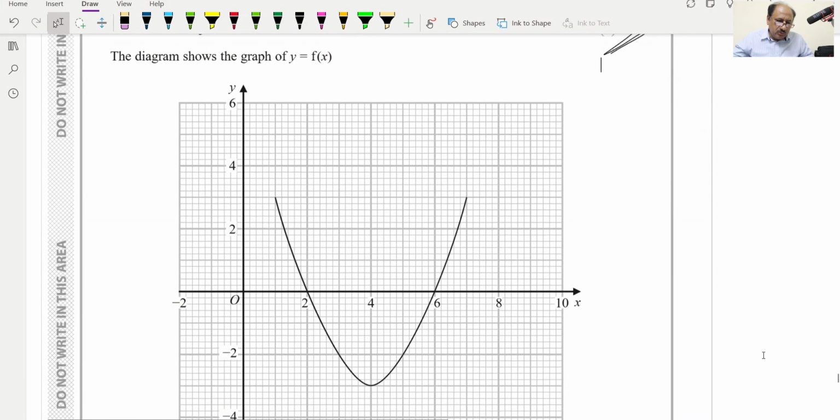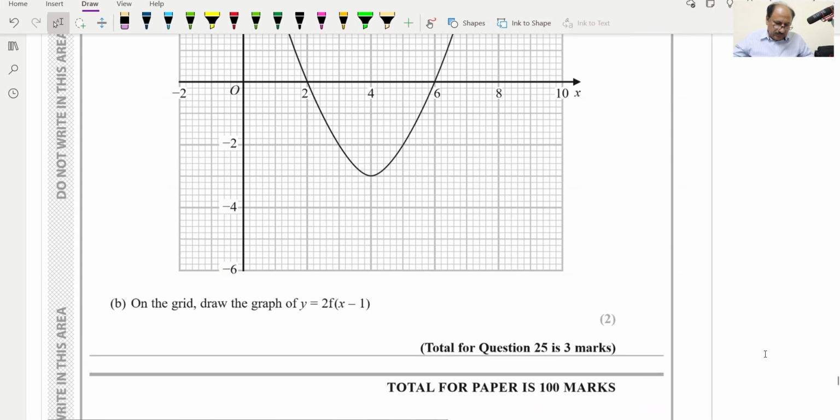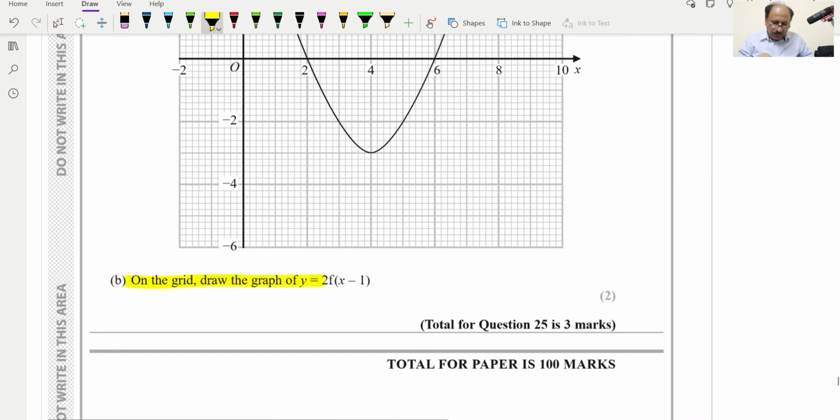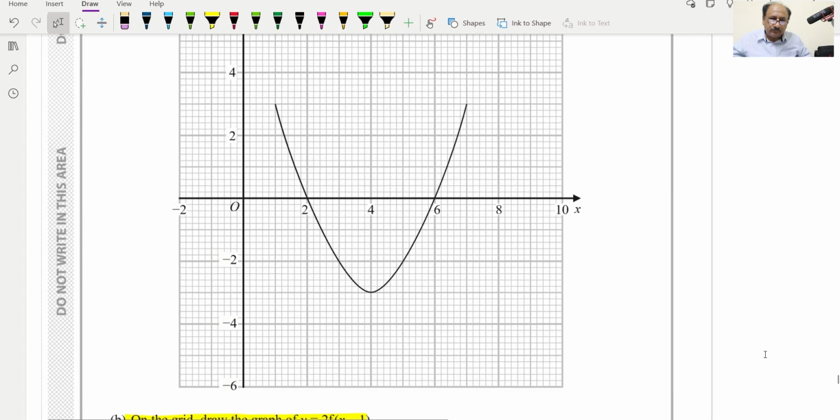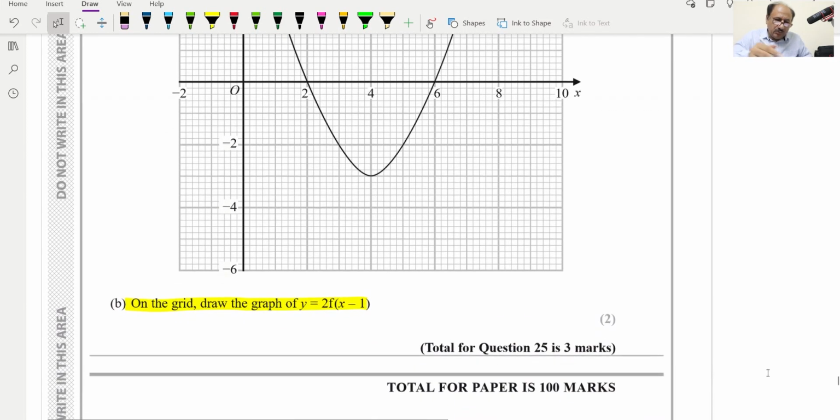Then the diagram shows the graph of y is equal to f(x), and on the grid draw the graph of y is equal to 2f(x minus 1). So first we need to understand this transformation. Basically y is equal to f(x minus 1), what is it?